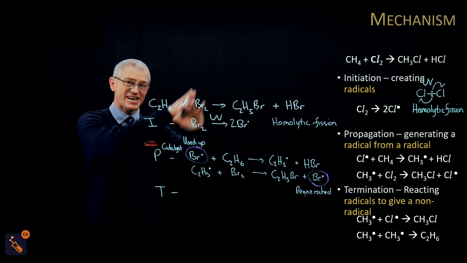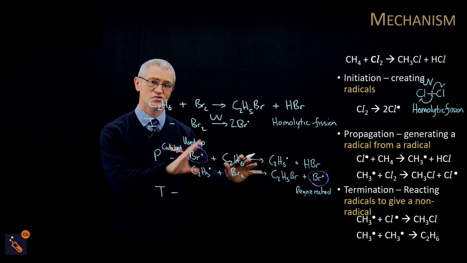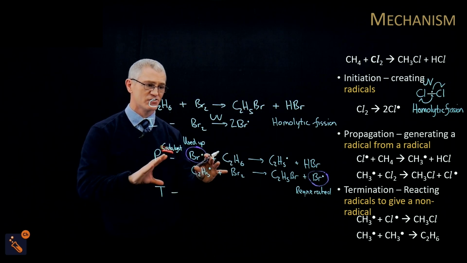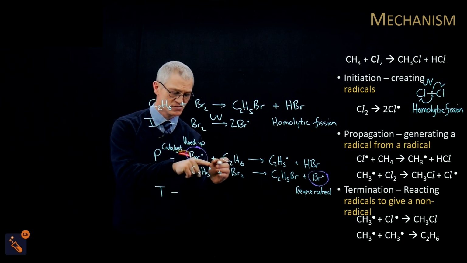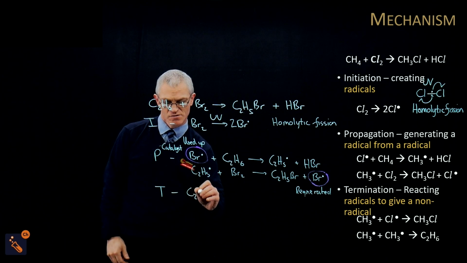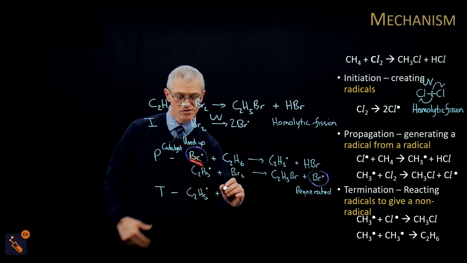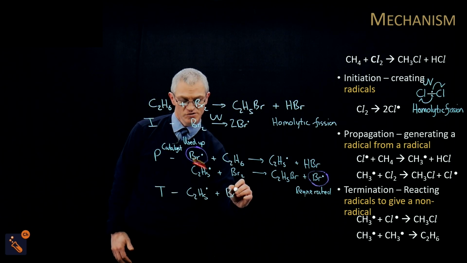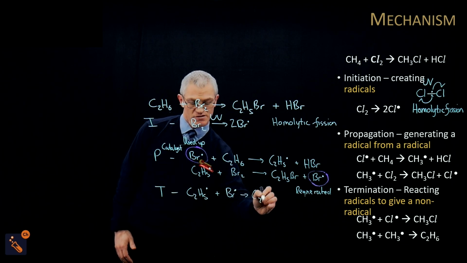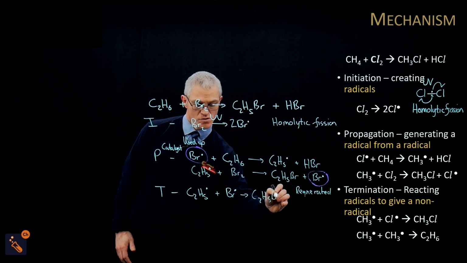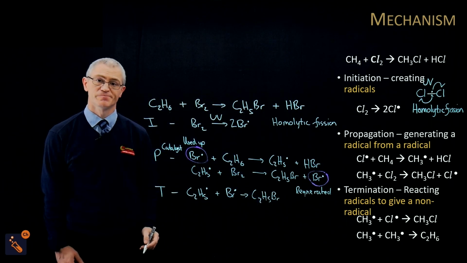So termination step can take anything in here and just join it up. So let's just take any radicals in here. Or let's take a Br dot and C2H5 dot. And again, don't worry if you don't put the dots down. Okay, they don't worry too much about that. And then that's C2H5Br.